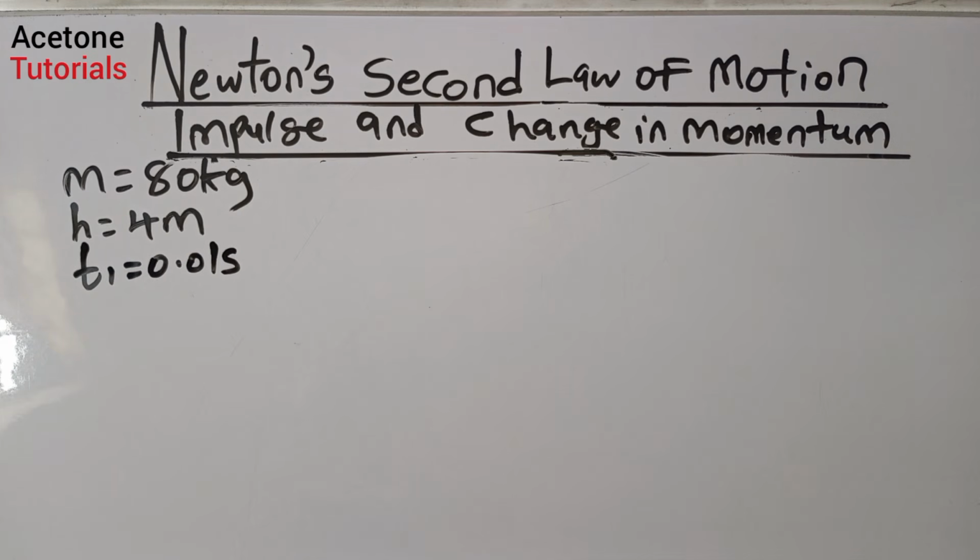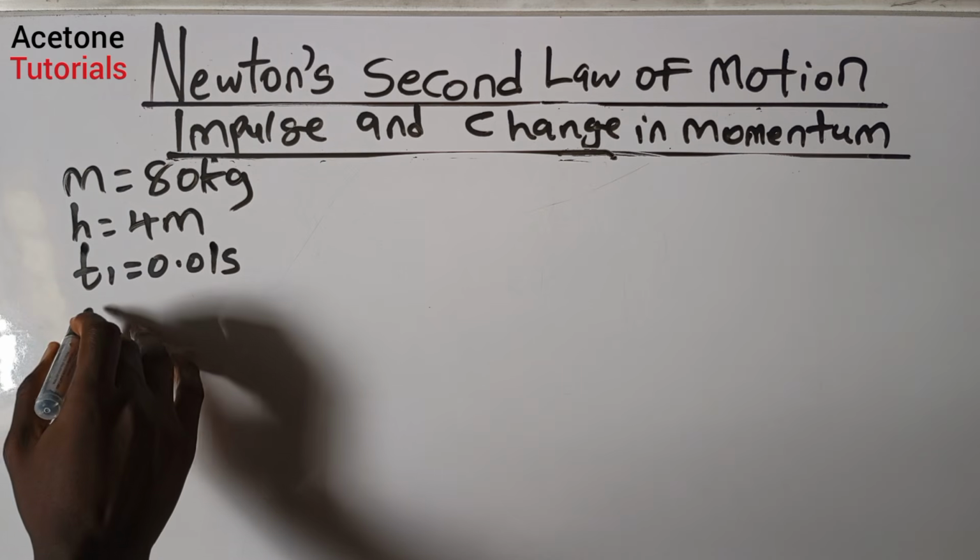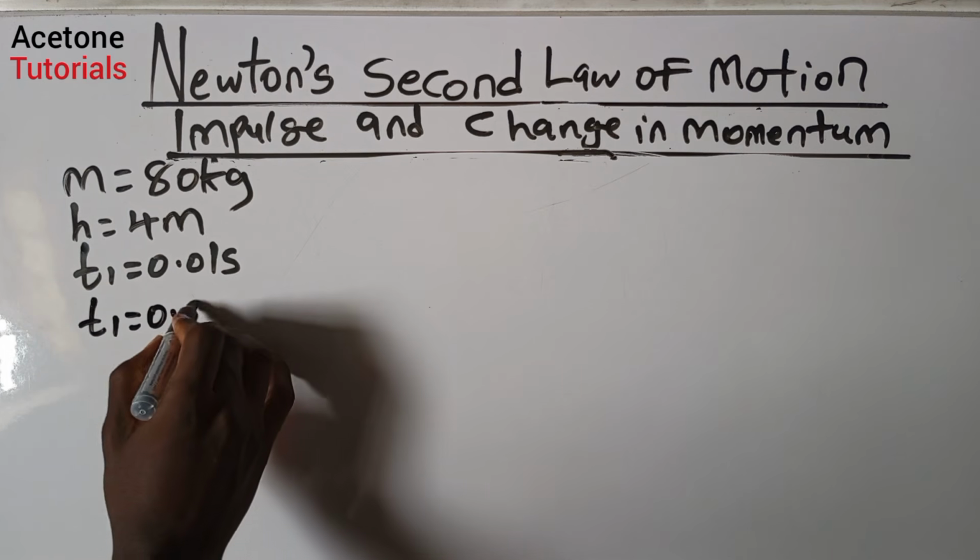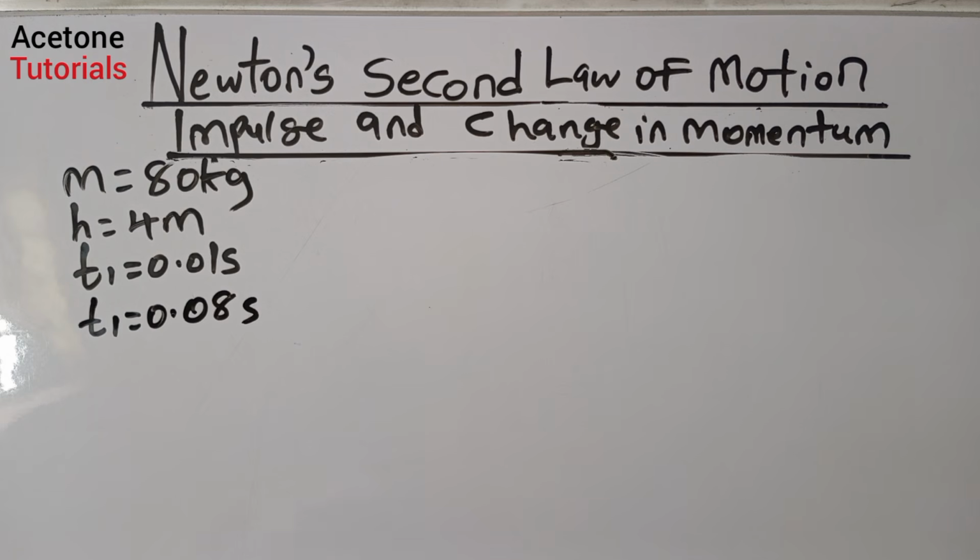And also calculate the force if he lands with a cushioned or padded shoe such that the landing is delayed to 0.08 seconds. So we want to calculate the force for both cases.